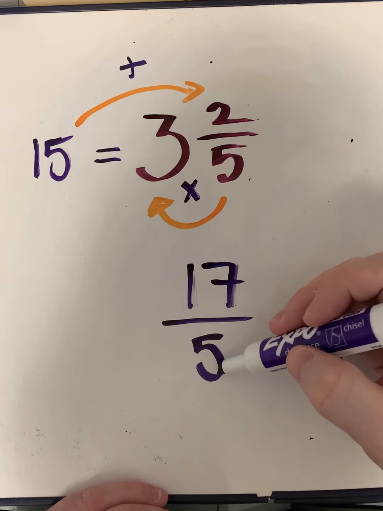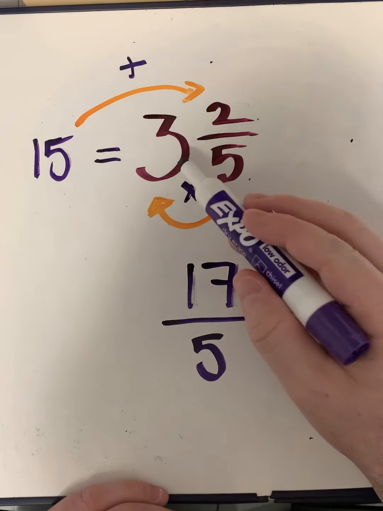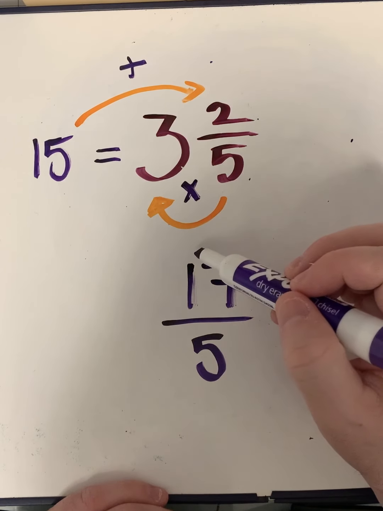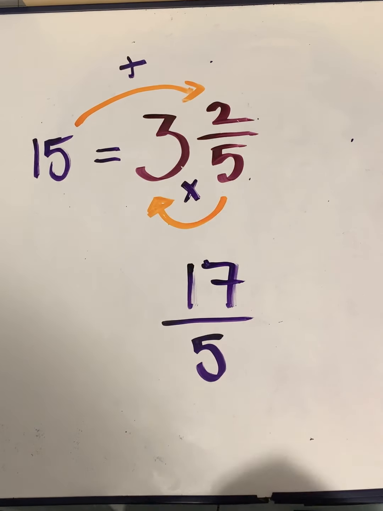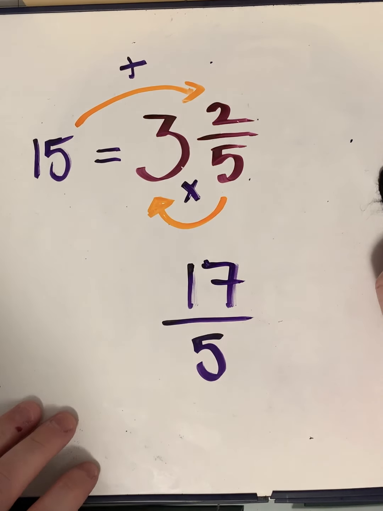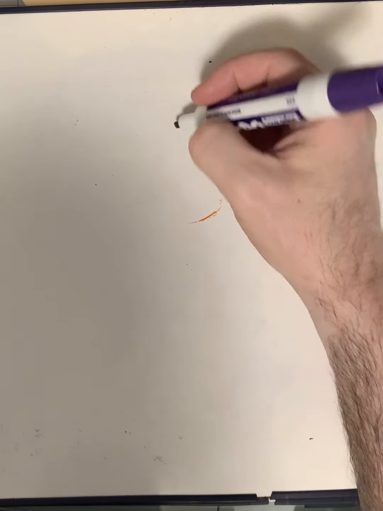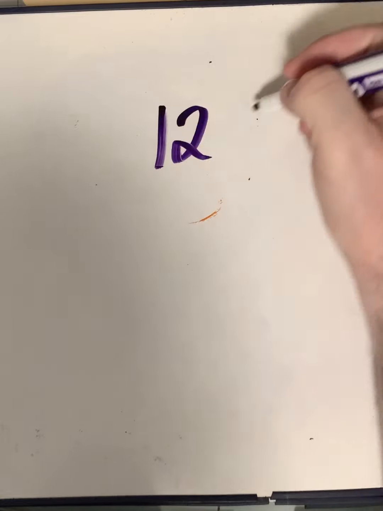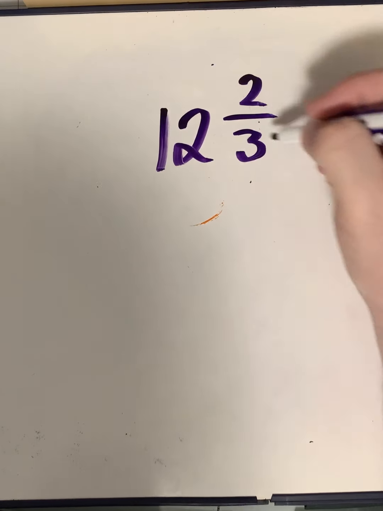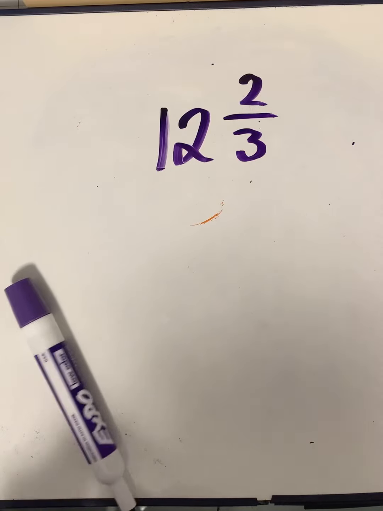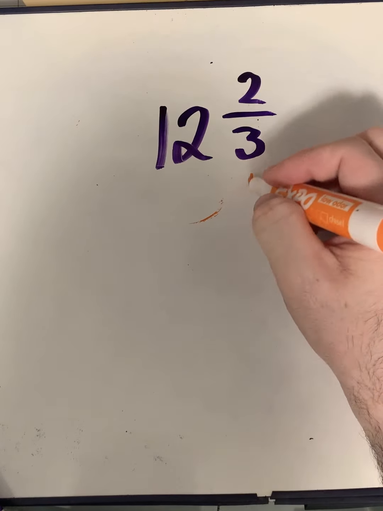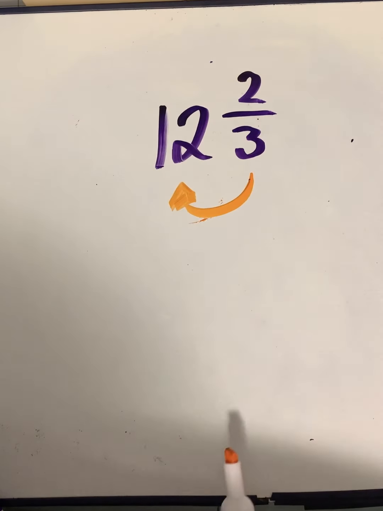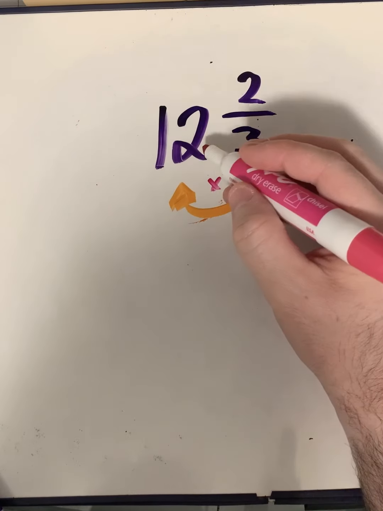If I look at that, I say, okay, how many times does 5 go into 17? 3 times. Okay, good. If I take 17 minus 15, I'm left with 2. Excellent. So again, very, very simple way of doing things. Let's do one more. If I were to ask you to take 12 and 2/3 and turn it into an improper fraction, I'm going to take the denominator and multiply it by the whole number.